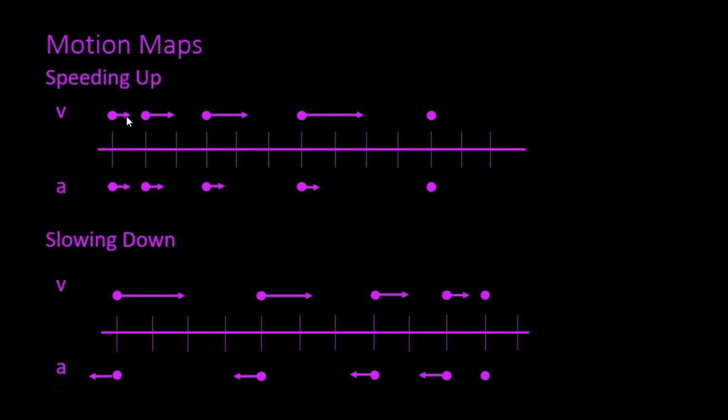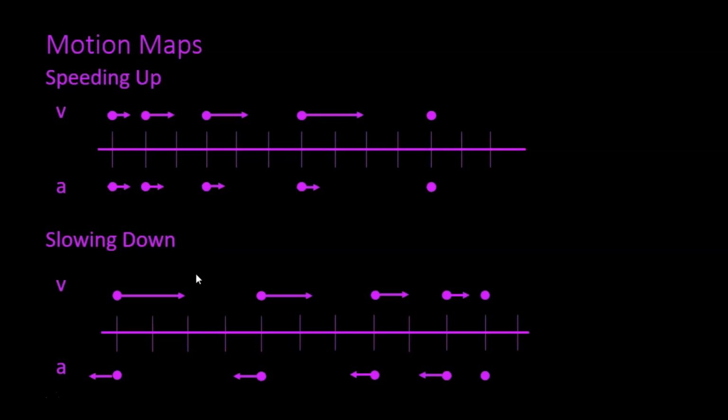And our velocity arrows also have to get longer, because again, we'll draw the velocity arrows halfway between the dots. So both the velocity arrows getting longer and longer indicates the object is speeding up, as well as the fact that the spacing of the dots gets larger and larger as time goes on. Those two things indicate an object that's speeding up.